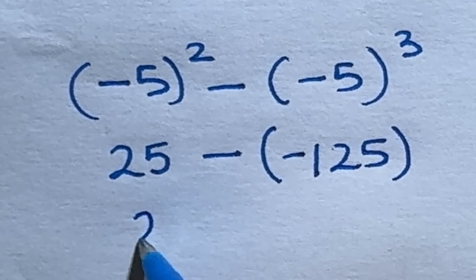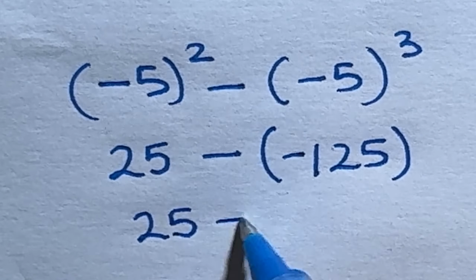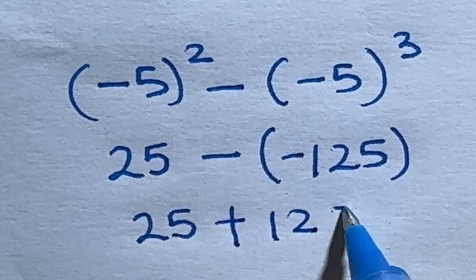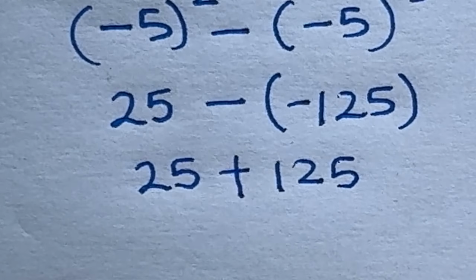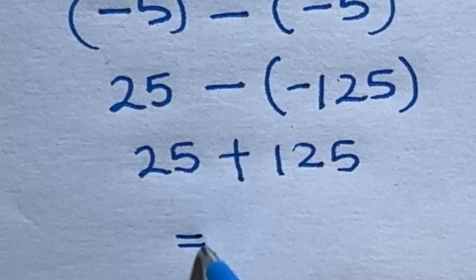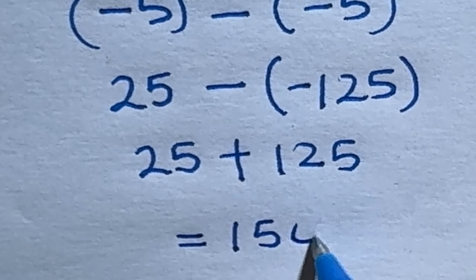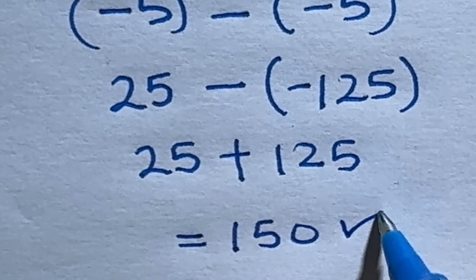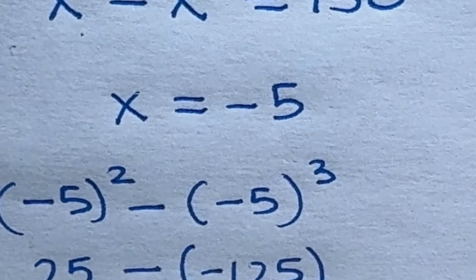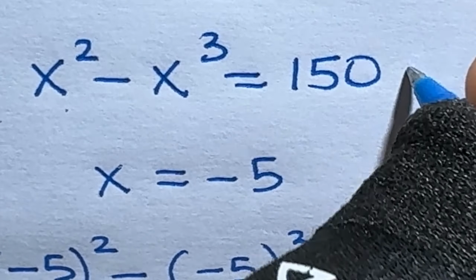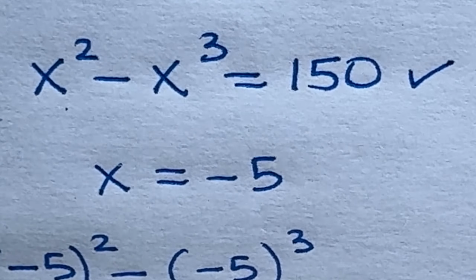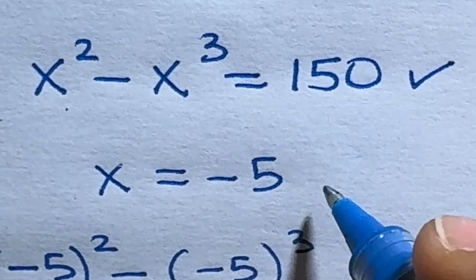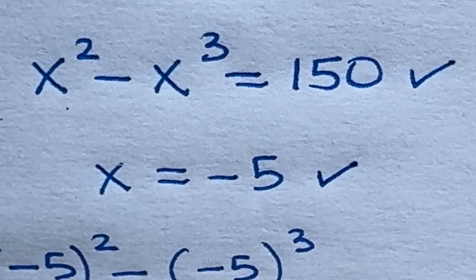This is 25 plus 125. And of course, 25 plus 125 is simply 150, which is equal to where we started from, and the equation is balanced. Therefore, x is equal to minus 5 is the solution to this problem.